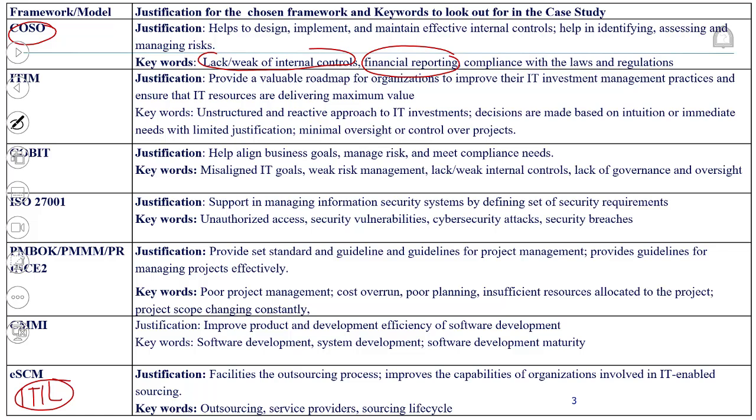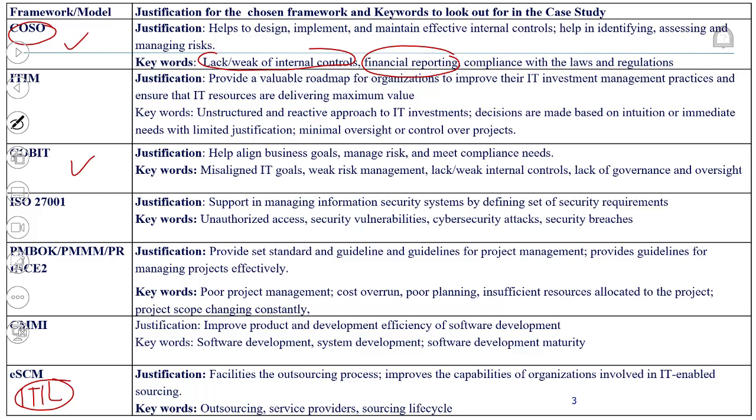In fact, COSO and COBIT are very, very similar, except that COSO is mainly used in the financial sector and for financial reporting, whereas COBIT tends to be quite generic. COBIT is quite comprehensive as well. It's like an umbrella framework, so you can embed other frameworks within COBIT.